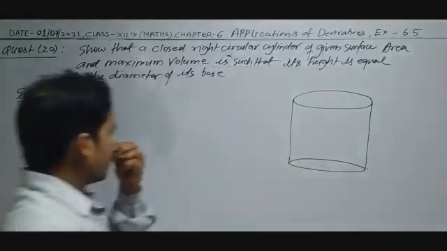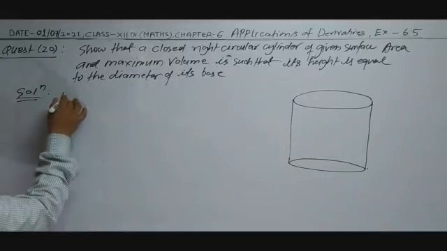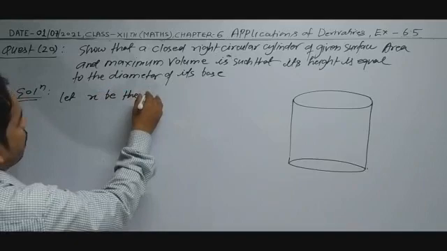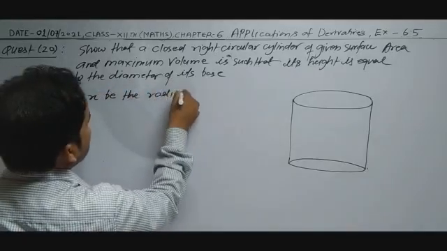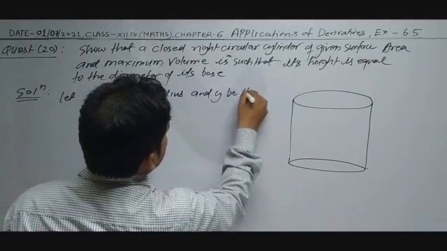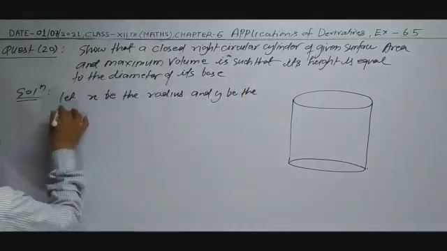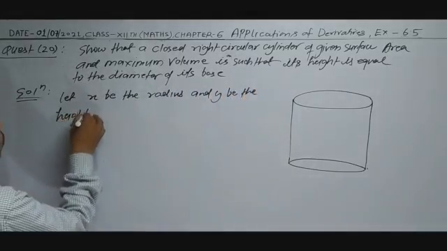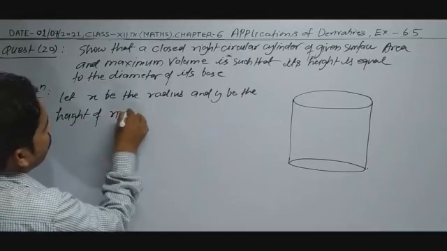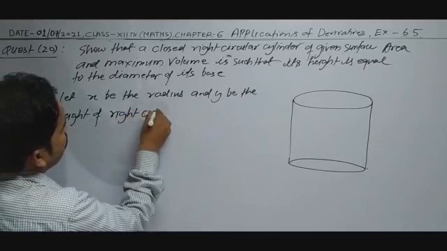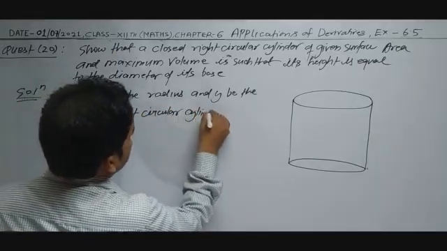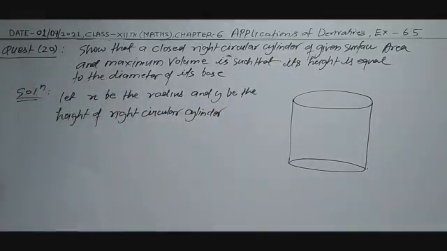So let us consider, let small x be the radius and y be the height of the right circular cylinder.